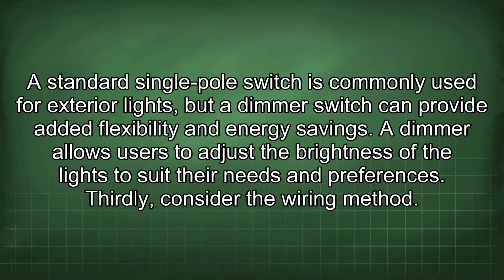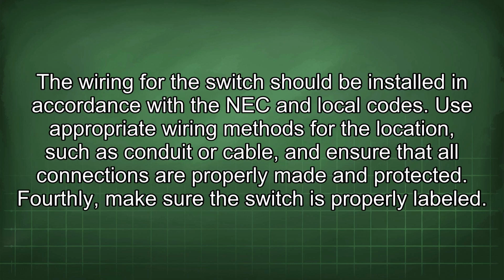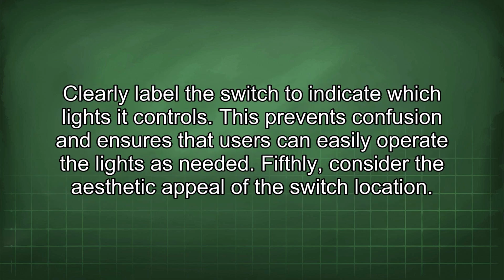Thirdly, consider the wiring method. The wiring for the switch should be installed in accordance with the NEC and local codes. Use appropriate wiring methods for the location, such as conduit or cable, and ensure that all connections are properly made and protected. Fourthly, make sure the switch is properly labeled. Clearly label the switch to indicate which lights it controls.